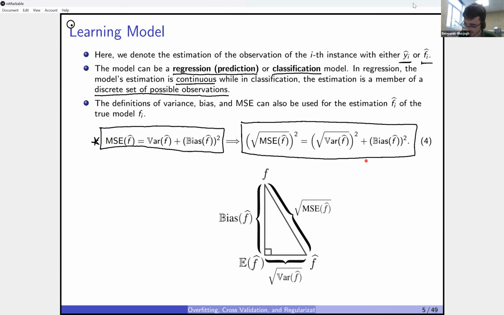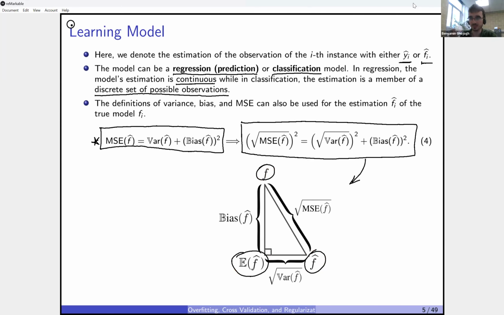Then we can see this as a Pythagorean theorem, with edges of some triangle. So we'll have f, expectation of f hat, and f hat here. So f is the true function, f hat is just the estimation of f, and this is the expectation of the estimation of f, right?